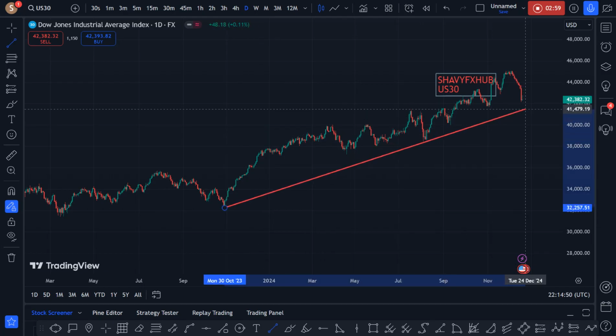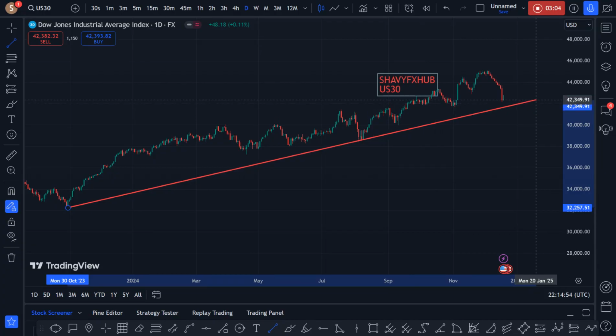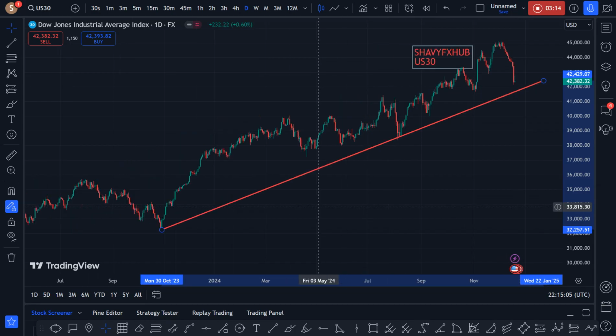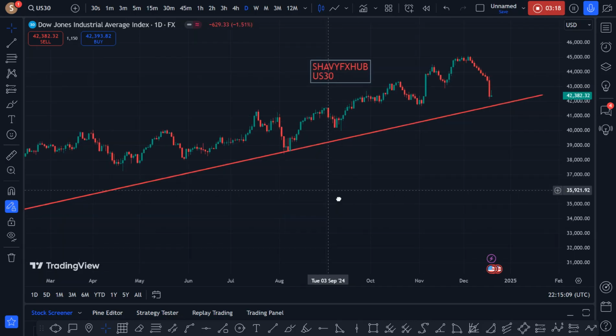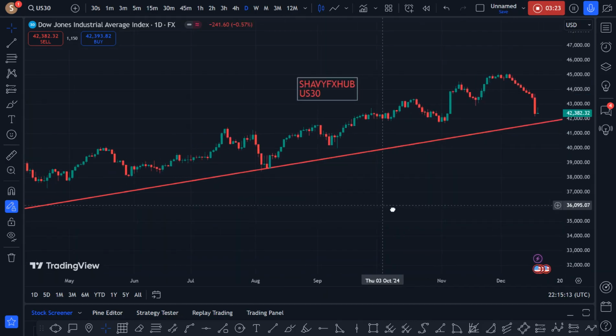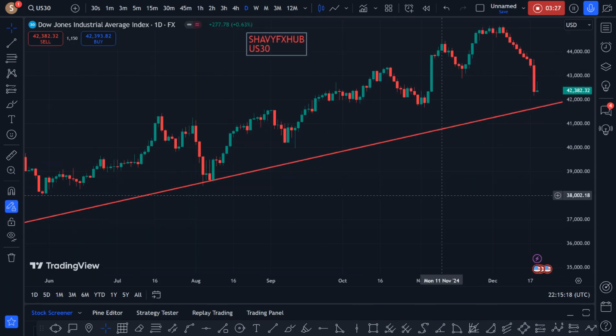And so I think price might dip in a little bit and buy. Let's see if we can find other break of structure.